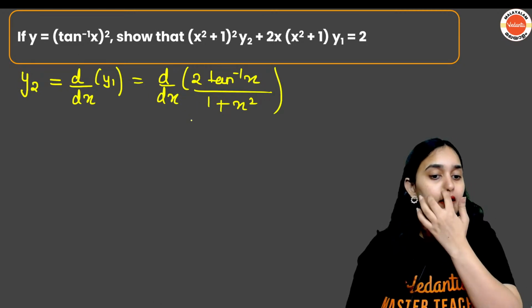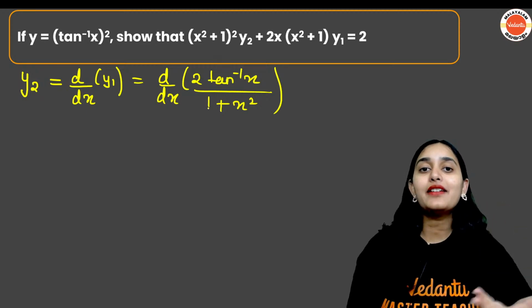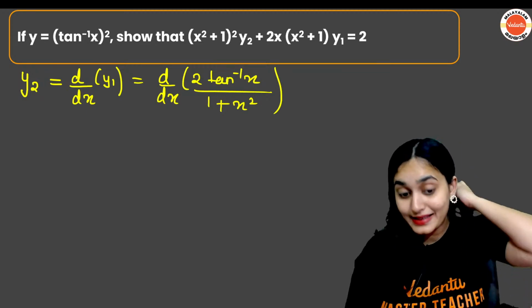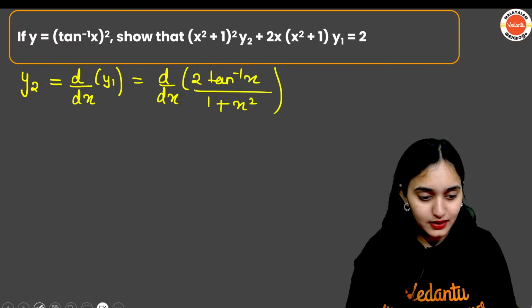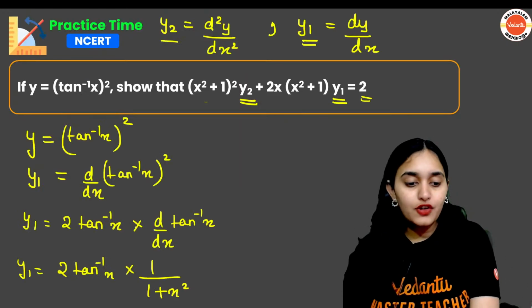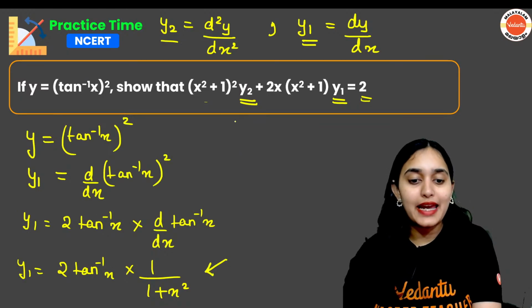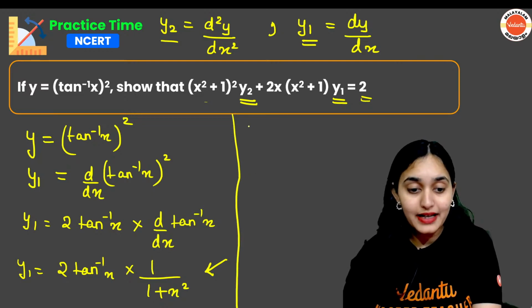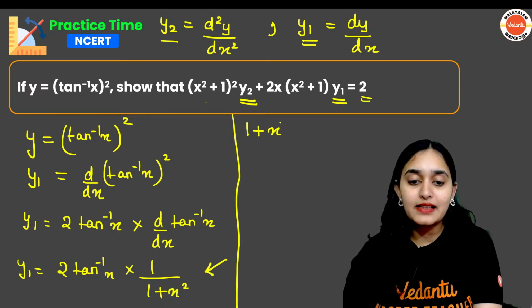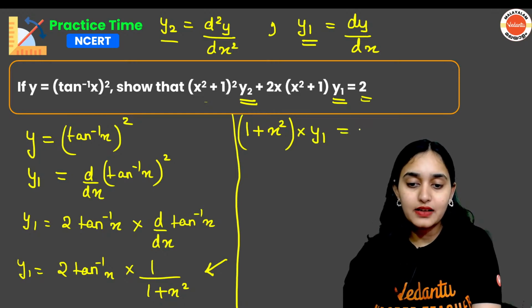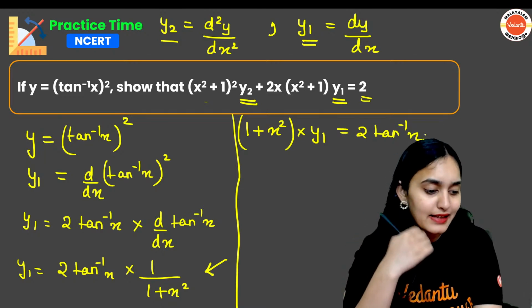Okay, so there is one other way of doing it. What is that? Let me write it this way. From this equation, can I write 1 plus x square into y1 is 2 times tan inverse x? Can I write it like this?